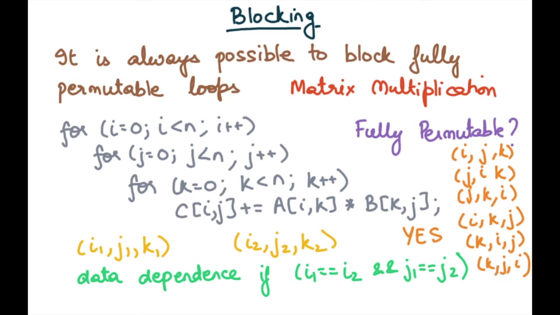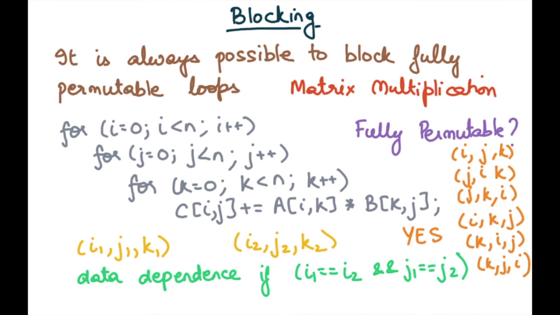The only data dependent iterations can be the ones which have i1 equals i2 and j1 equals j2, and within those data dependent iterations, when I'm doing permutation of the loops, the relative order of different (i, j, k1) and (i, j, k2) will remain the same, because irrespective of where I take k, the relative order is going to remain the same. That basically means that this loop is fully permutable, and because this loop is fully permutable, it is okay to block it. And so that's why blocking in matrix multiplication is a legal transformation.